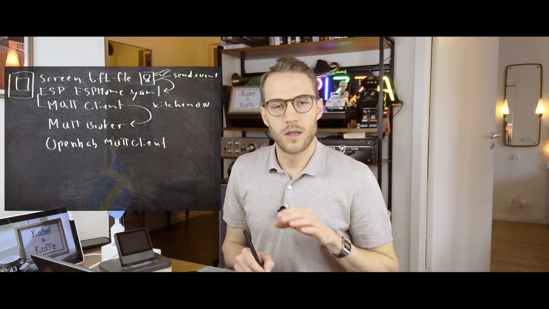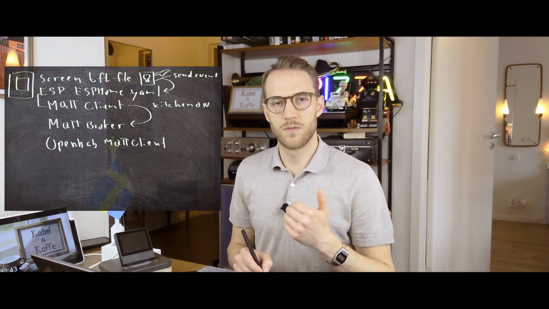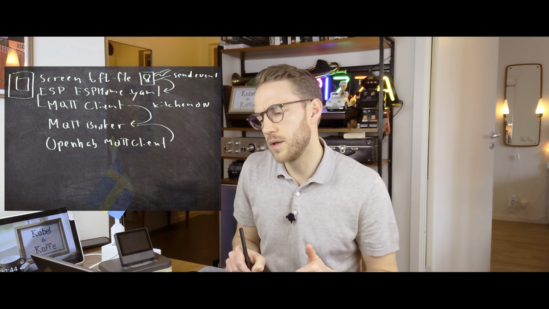And in MQTT, you subscribe to different topics to receive messages, and the setup is basically just that all the topics that our MQTT client in ESPHome sends messages to, our OpenHAB MQTT client should subscribe to. So in this case, OpenHAB is subscribing to this topic that we're sending kitchen on to, and will therefore receive that message from the broker.